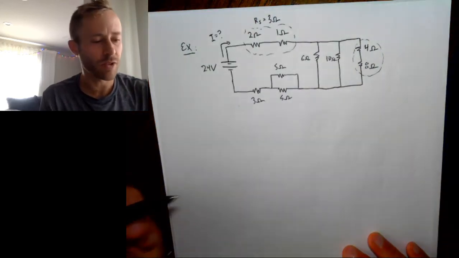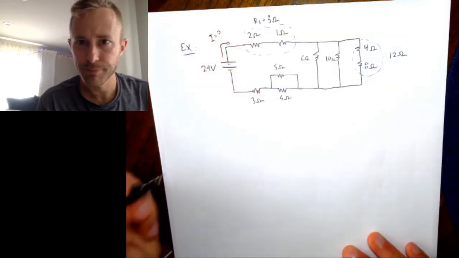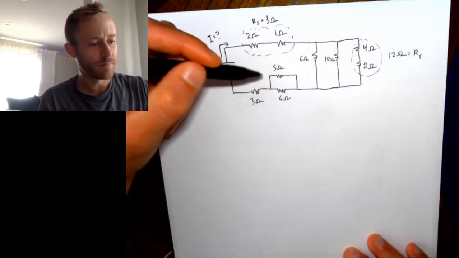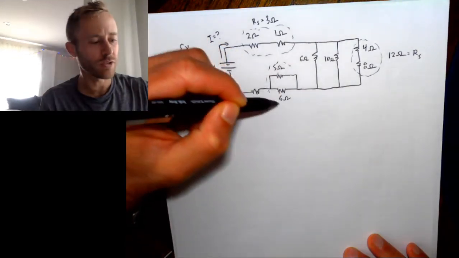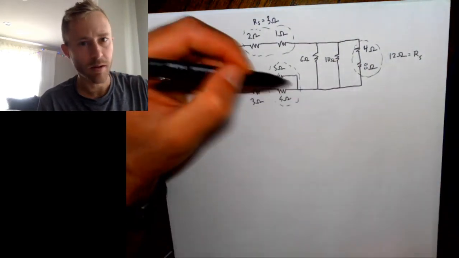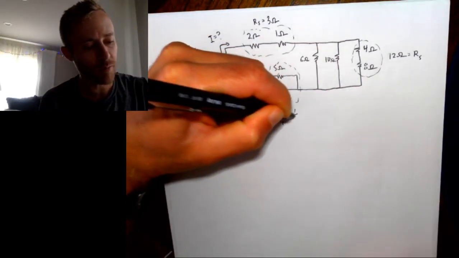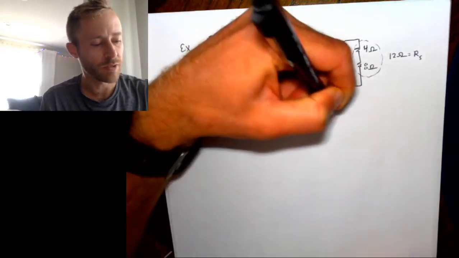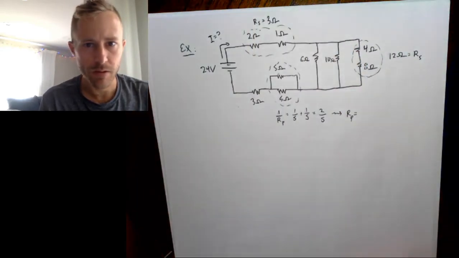So I should add those together and I get 12 ohms, for R sub S. These 2 are in parallel, so I should use the parallel combination rule. 1 over R sub P equals 1 over 5 plus 1 over 5 equals 2/5, which means that R sub P equals 2.5.